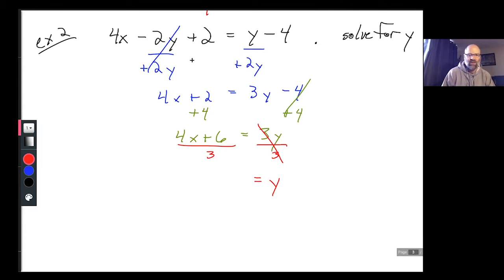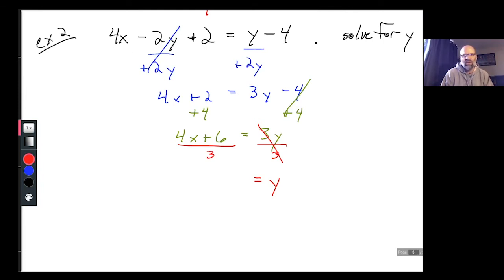I'm getting rid of stuff, trying to consolidate like stuff, and then get rid of everything else. You can still follow those same steps of solving an equation, but that second step is if you have variables on both sides. Remember, your variable in this problem is just the y. So you're ignoring the x. That's not a variable in this case.